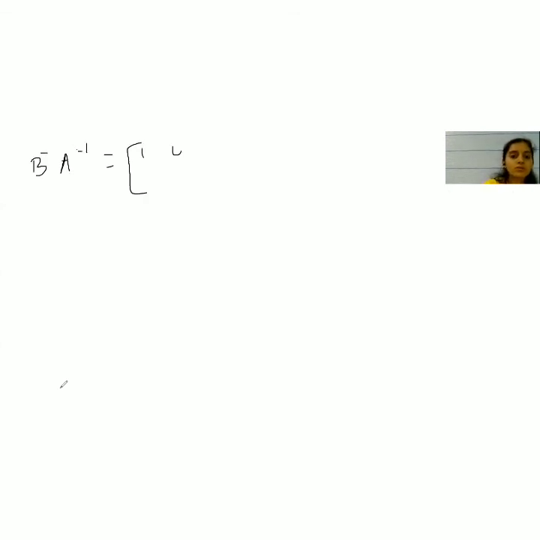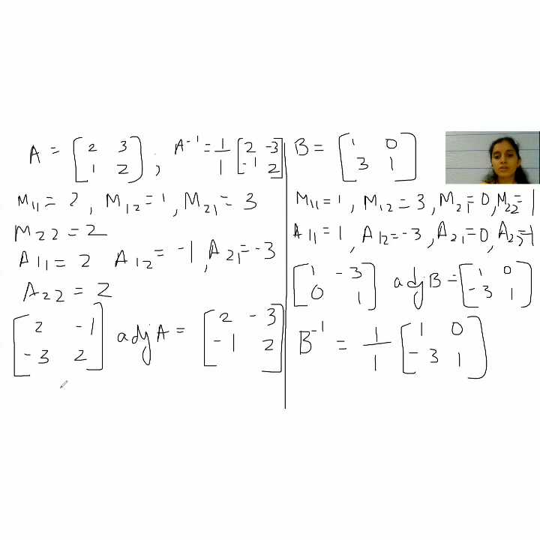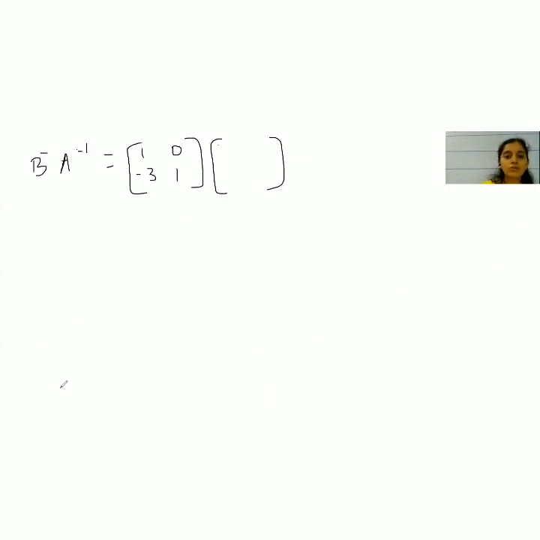What is A inverse? 2 minus 3 minus 1 and 2. Let us multiply these. So we'll have the answer as 2 minus 0 is 2. Minus 3 plus 0 is minus 3. Minus 3 into 2 is minus 6, minus 1 is minus 7. 9 plus 2 is 11.